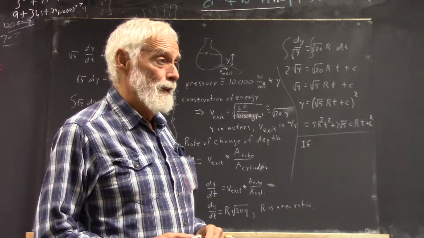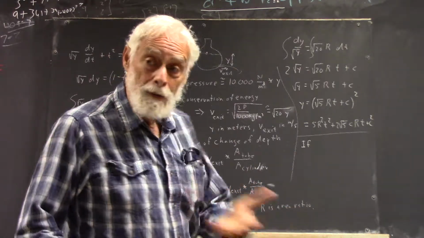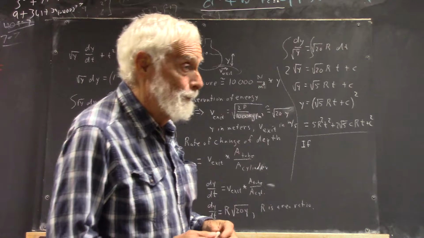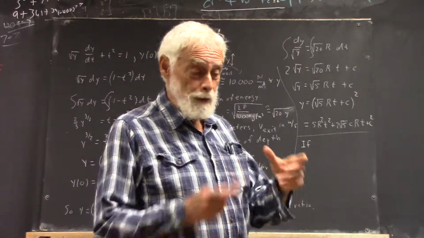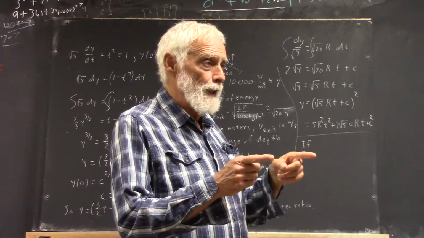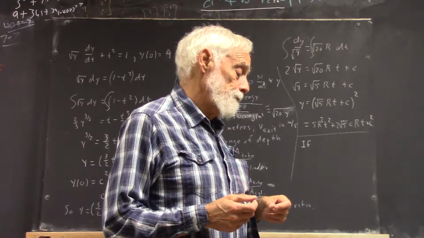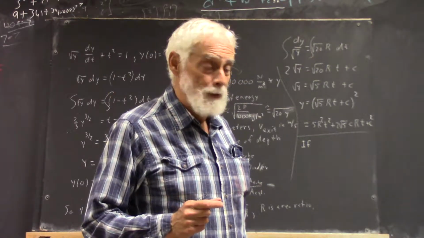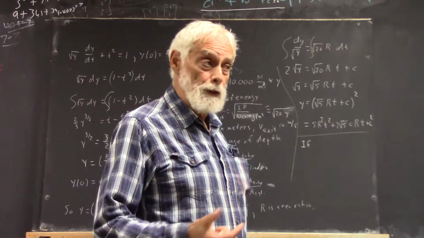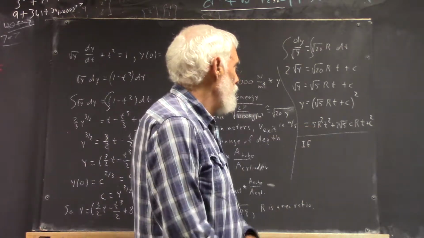So I can kind of check the solution, see if I actually set the thing up right, by taking some data. I'm not sure about that ratio, but that would say that the diameter of the cylinder is roughly 30 times the diameter of the tube. So your area ratio would be the square of that, 900. So R would be 900.